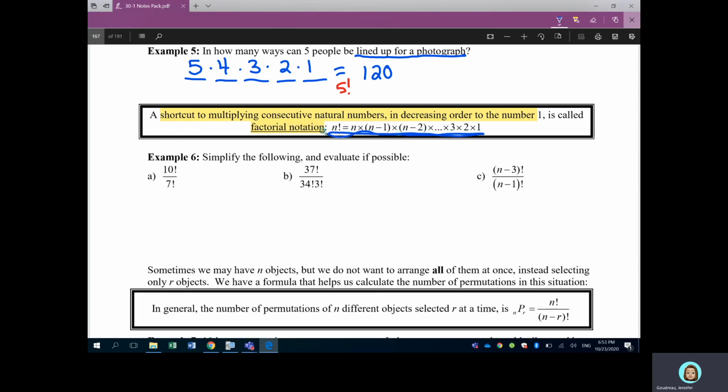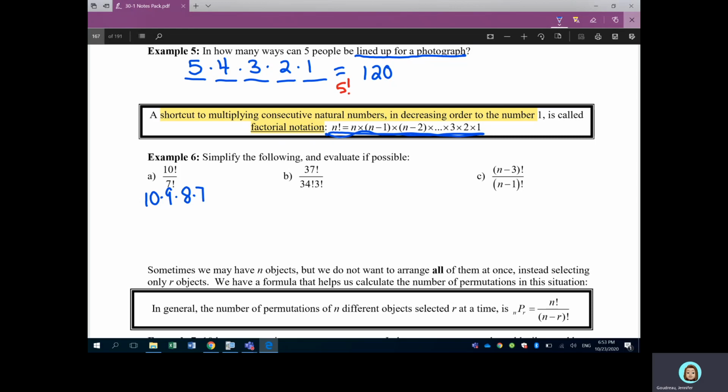The definition of factorial notation is n times n minus 1 times n minus 2 and so on. So starting at 10 for 10 factorial, I'm going to write this as 10 times 9 times 8 times 7, and I'm going to stop the expansion at 7. After 7 comes 6, 5, 4, 3, 2, 1.